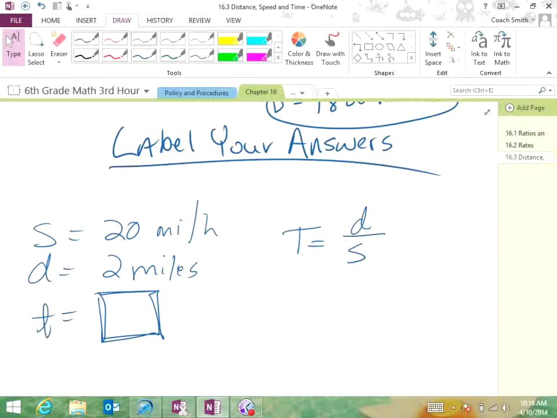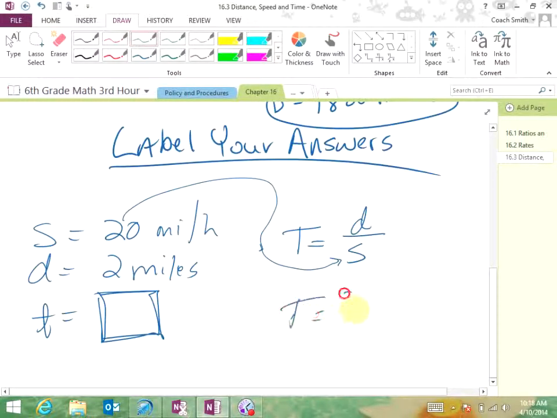Well, because you have to plug in the 20 for speed. So it's T equals 2 over 20. Okay? So it's not 10. But what is 2 over 20 as a fraction? What can I reduce 2 over 20 to?